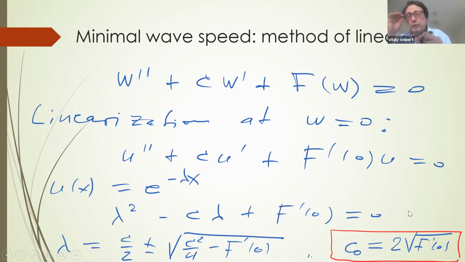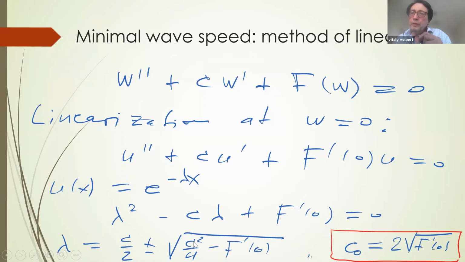Here is the equation, and we can solve it, and we see here this expression in the square root, c squared over 4 minus f prime 0. And I recall that we look for a positive solution lambda. We don't want to have a complex solution, we want to have real solutions. So we impose a condition that this expression is non-negative.